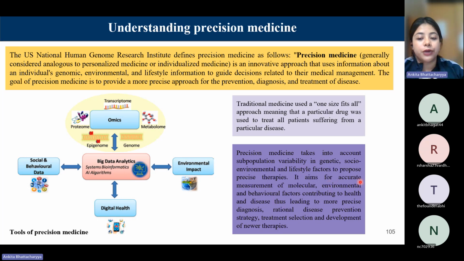It aims for accurate measurement of the molecular, environmental, and behavioral factors which contribute to their normal health and to the disease, leading to a more precise diagnosis, more rational disease prevention strategies, better treatment selection, and of course, development of newer therapies. So, this is the overall concept of precision medicine, which is the approach that we have shifted towards now.